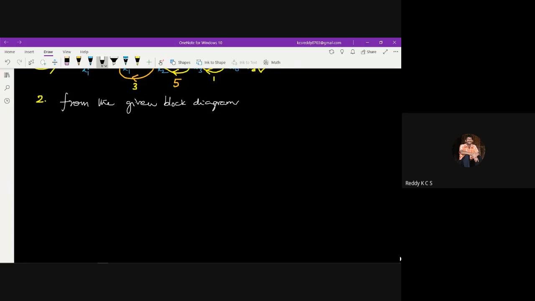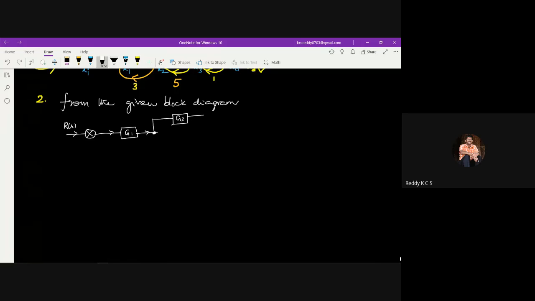So I will represent a block diagram here, that is R of S and a summing point here. Then, as an example, I'm just drawing G1. Then there is a takeoff point, and then from this G3.